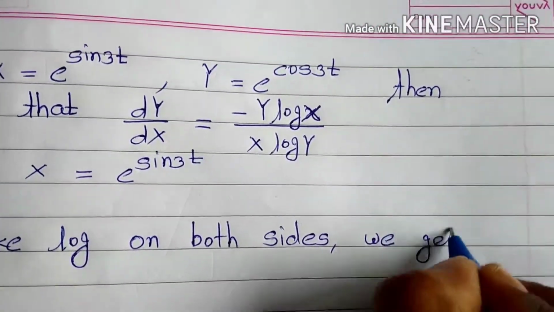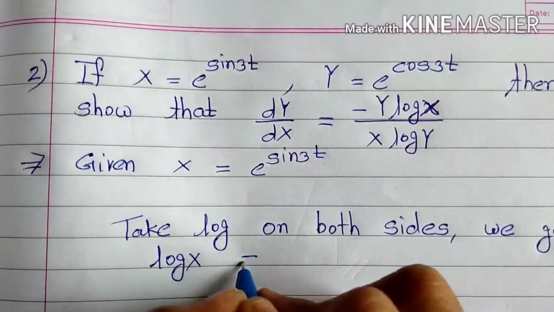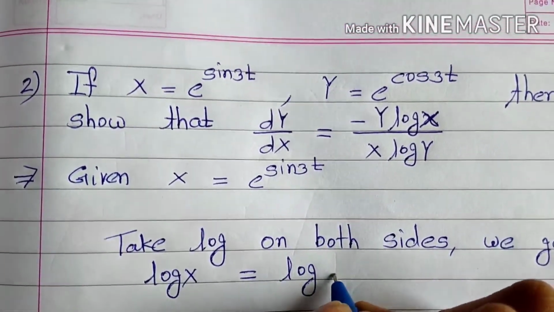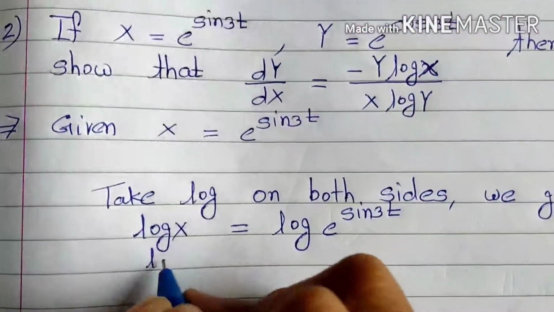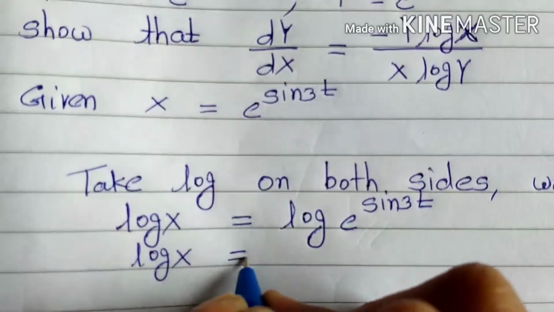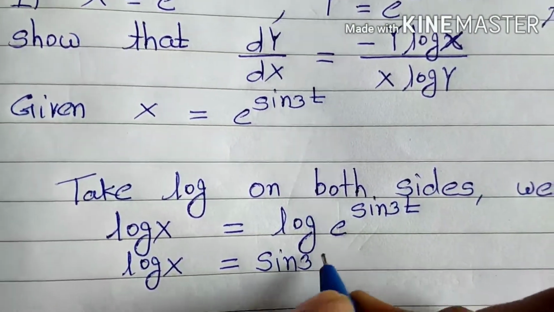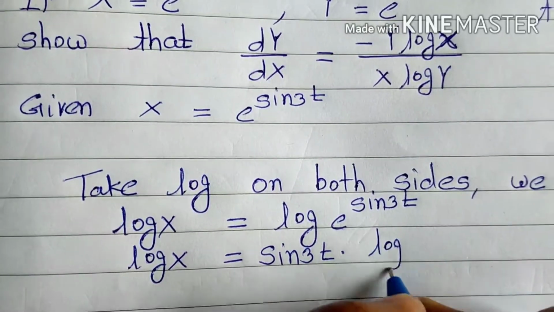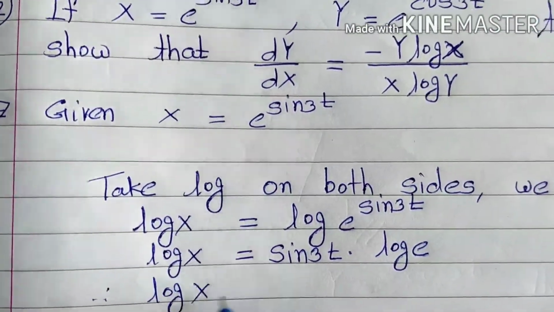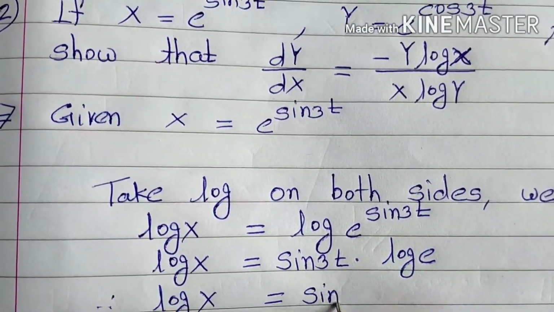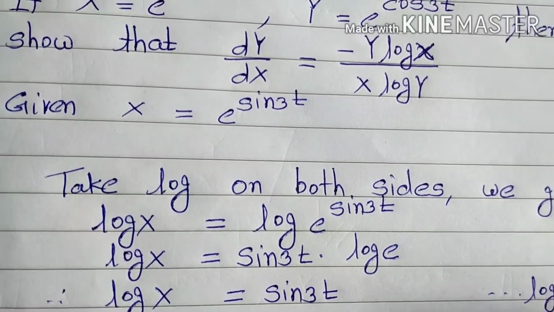We get log x is equal to log e raised to sin 3t. Log x as it is. Now by using the power rule of log, sin 3t will jump into log e. Therefore log x is equal to sin 3t, because log e is equal to 1.